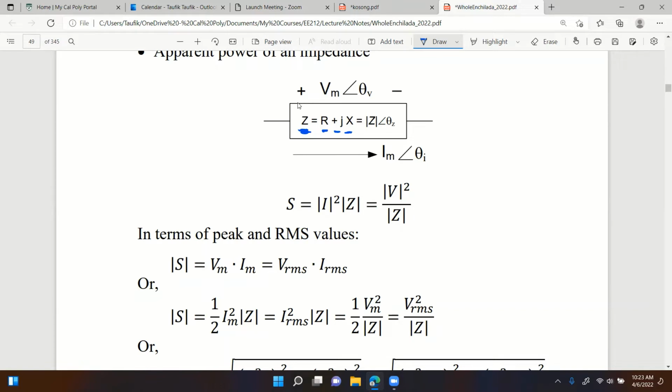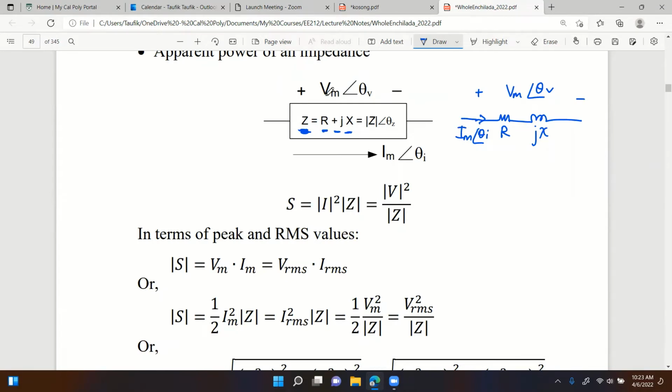So inside this box we have a resistor in series with an inductor. That's how you get R from the resistor and JX from the inductor. The voltage across both components is Vm at theta V, and the current through both is Im at theta I.